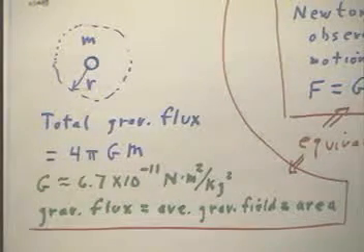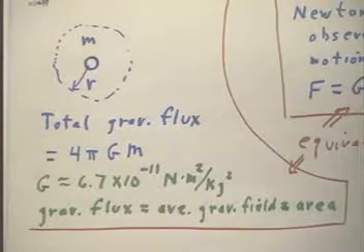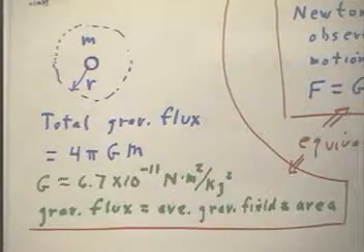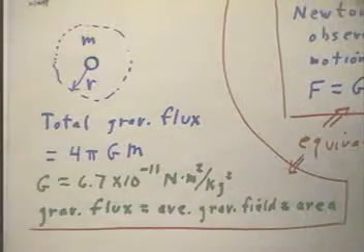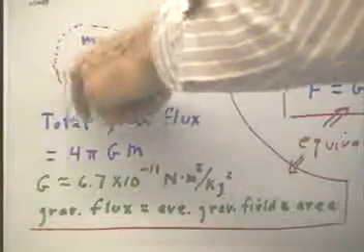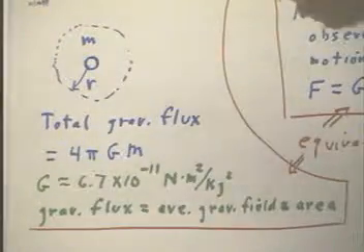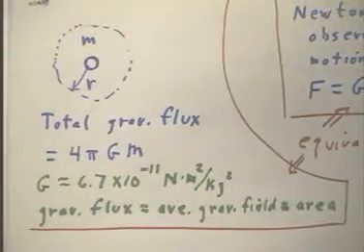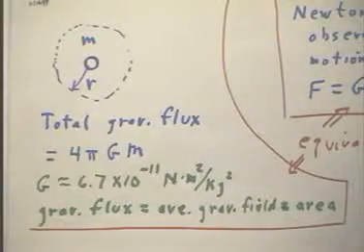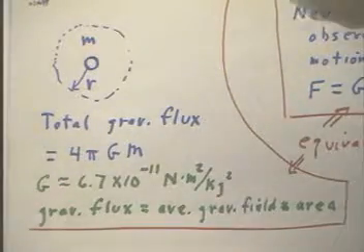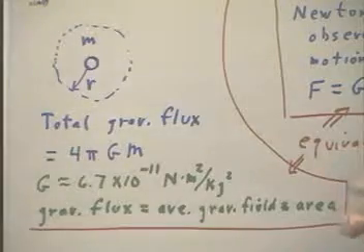Let's say you're trying to read a newspaper by it. You need a certain light flux per unit area to be able to see the paper well. Okay? Well, when the gravitational flux gets spread out, as we've more or less discussed, the gravitational field gets weaker. Gravitational field, of course, is just measured by the acceleration of gravity at a point.